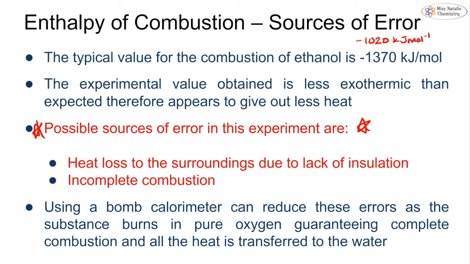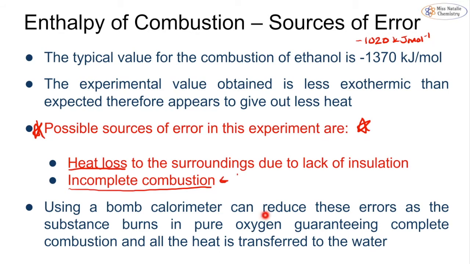The main source of error is that we lose some heat to the surroundings due to the lack of insulation. Whilst we can put a lid and a draft shield, we can't confirm that all of the heat from the alcohol burning is going to go into the water. So heat loss is a very common issue. We can also have incomplete combustion where we don't have enough oxygen.